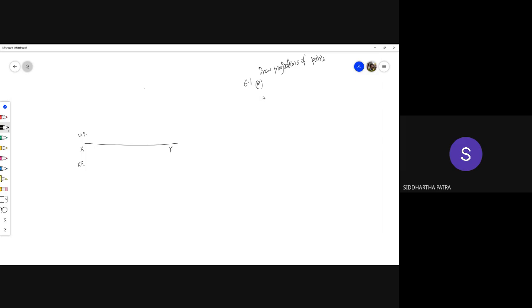So in the first example, A is: draw point A.